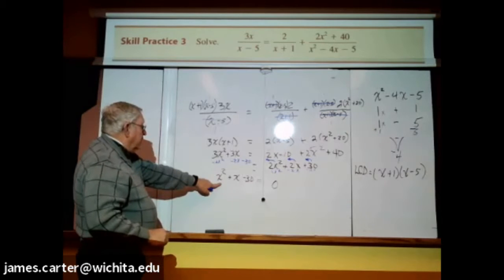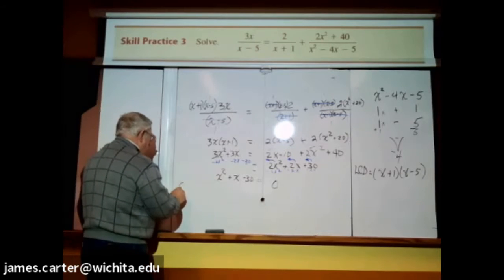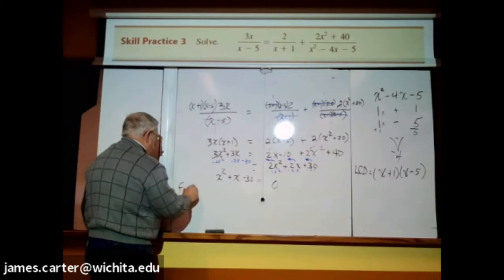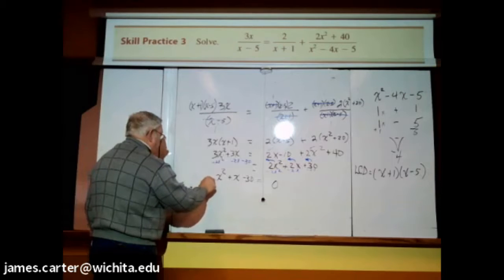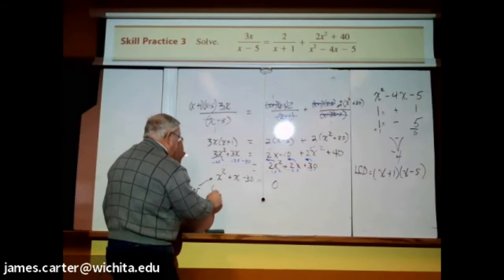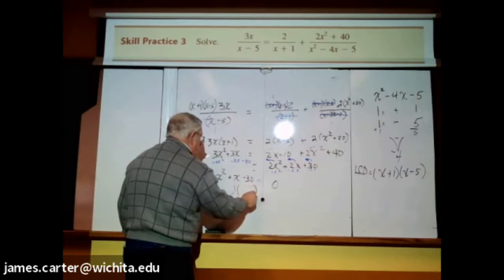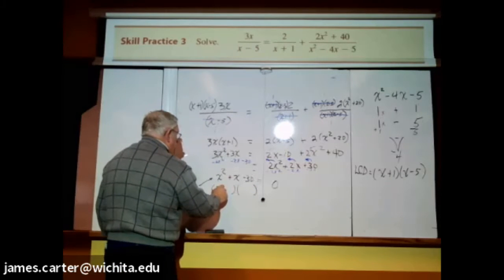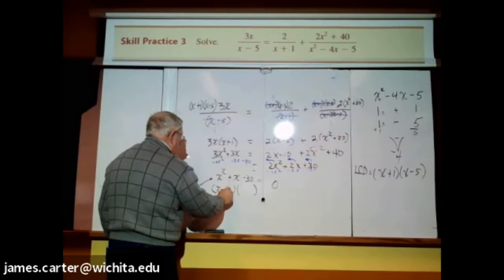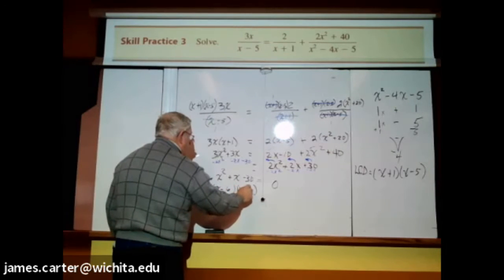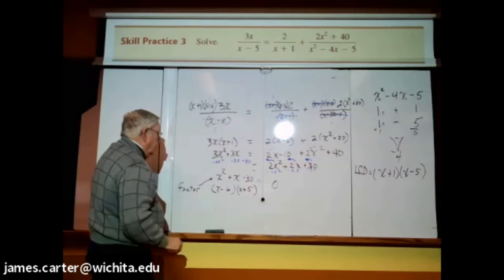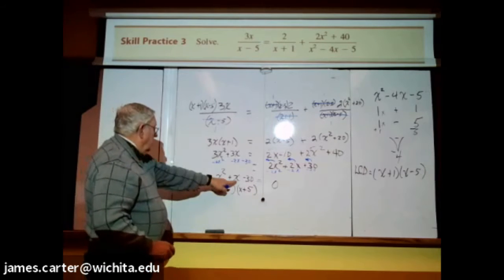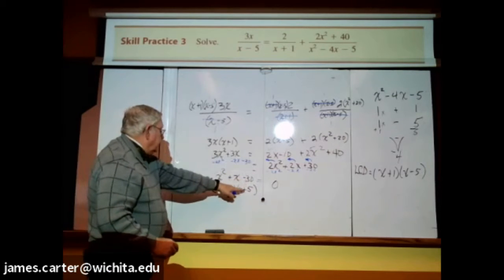Now I have to factor this. And that factors into x minus 6, x plus 5. Okay? Factors of 30, 5, and 6.